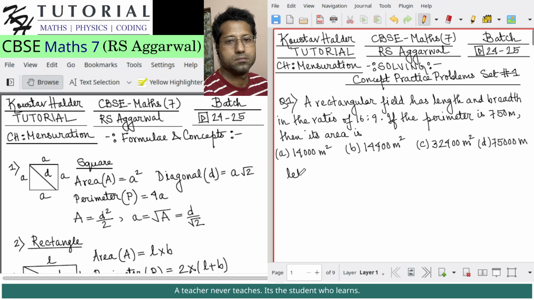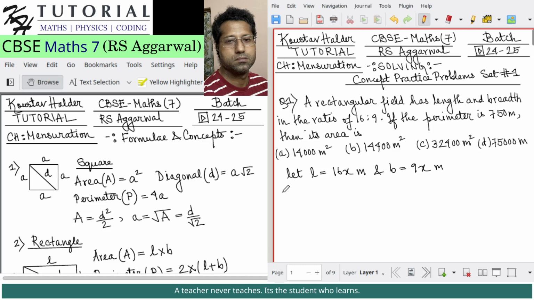So let the length L be equal to 16x meter, since the perimeter is given in meter, and let the breadth be 9x meter. This is based on the parts of the given ratio, that is 16:9.